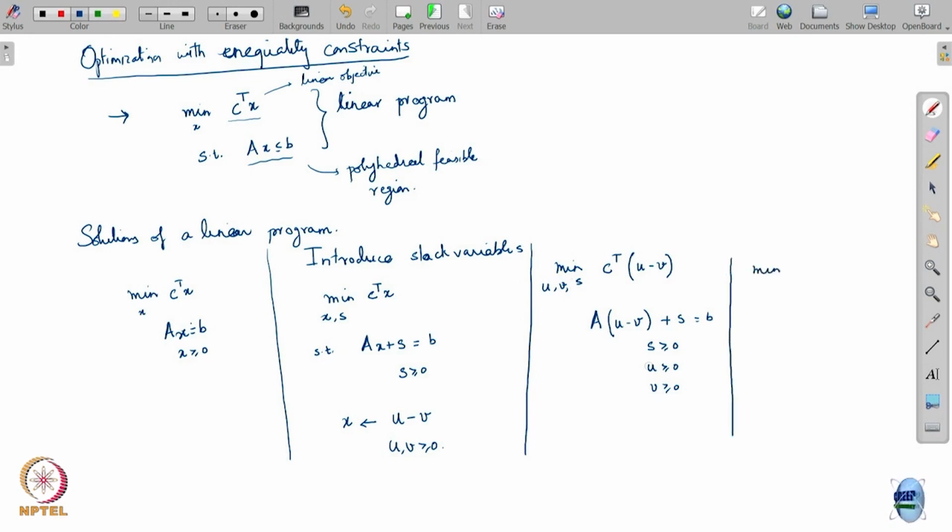Let me write it like this, minimizing over u, v, s, this sort of function where c, minus c, 0, times u, v, s.